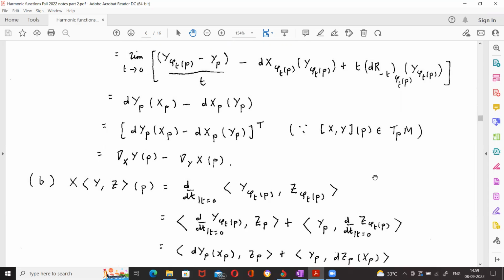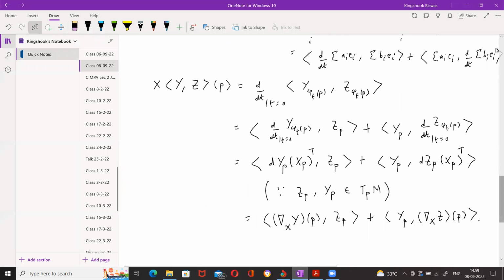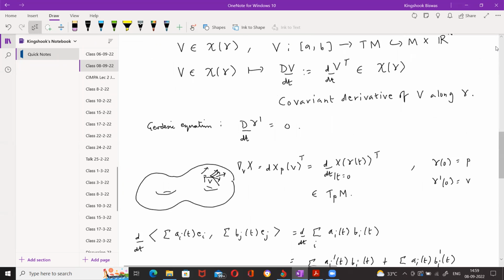That leads us to the idea of covariant derivative of a vector field along a curve. And that's just the usual derivative, and then you take the tangential component. And so then the geodesic equation becomes the covariant derivative of gamma prime is 0. Okay, this is the geodesic equation.